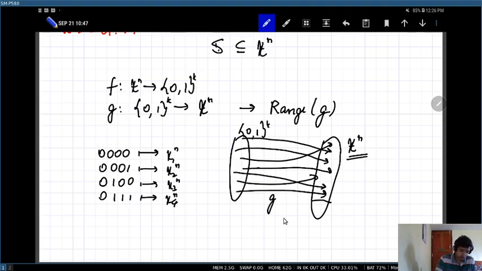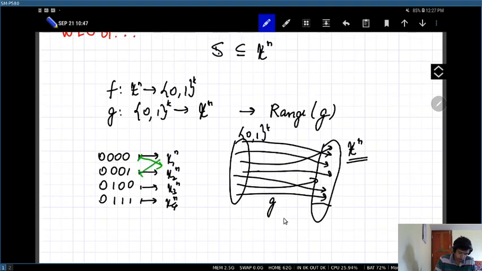Now even if I interchange the maps, so if I now define a new decompressor, or if instead I had a different compression scheme where the decompressor mapped 0000 to x2n, 0001 to x1n, and maybe 0010 to x4n, and 0111 to x3n, the rate of the scheme would not change, right? So the rate remains the same. So that is point number 1.